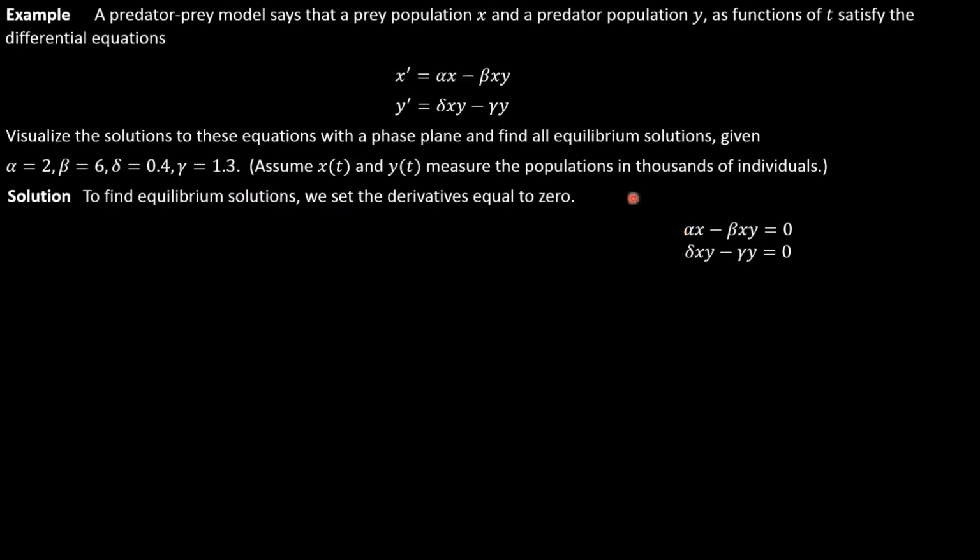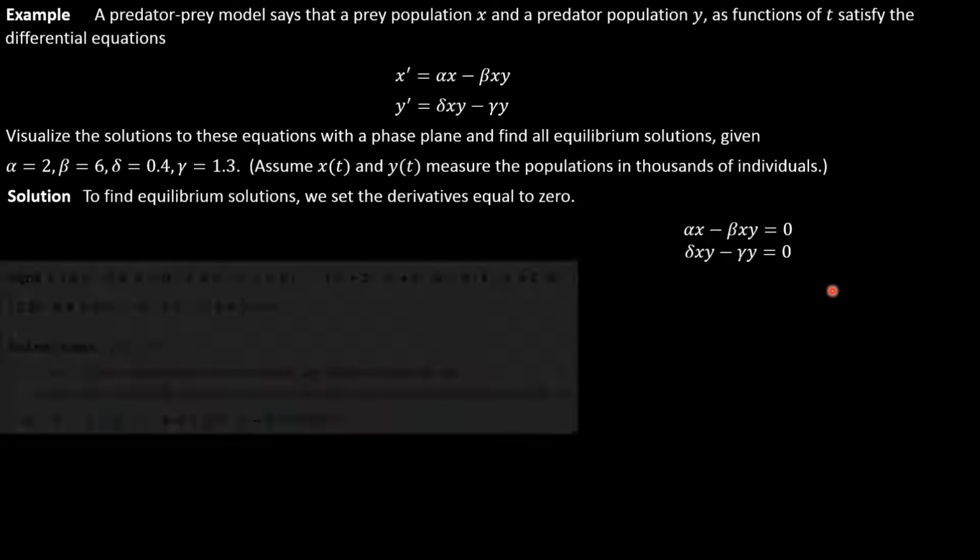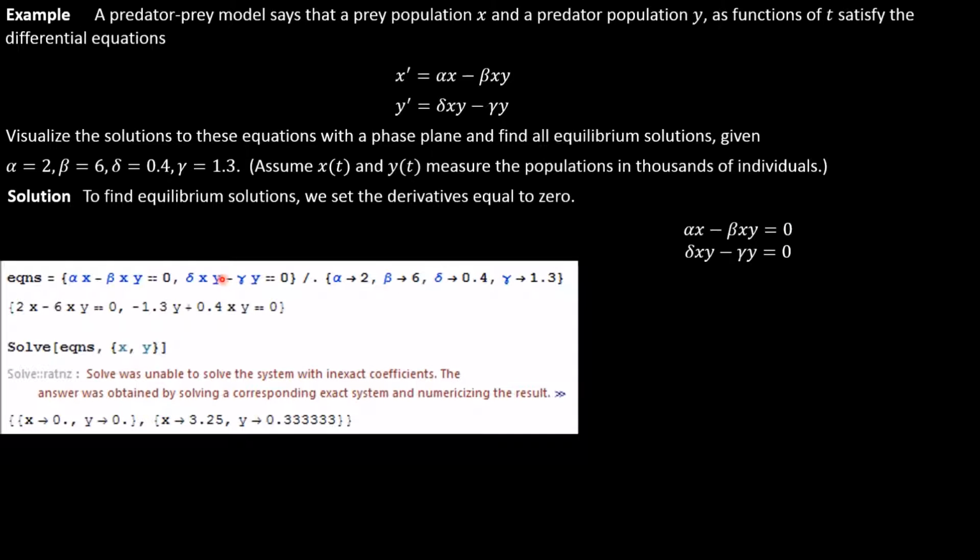So I've gone ahead and done that. I set these derivatives equal to 0, and then solving for x and y with the given constants of alpha, beta, delta, and gamma, I solved the equations and got (0, 0) and (3.25, 0.3 repeating). These are equilibria.